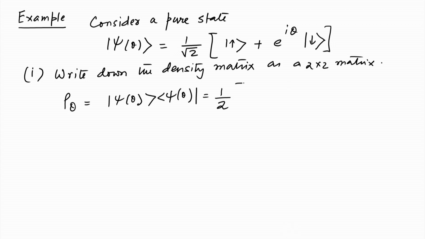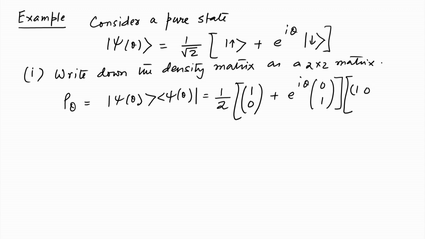If we write the spin up as (1, 0) and the spin down with exponential i theta as (0, 1), multiplied by (1, 0) plus exponential minus i theta and (0, 1), and if you simplify this, it comes out as half of the matrix 1, exponential minus i theta, exponential i theta, and 1.